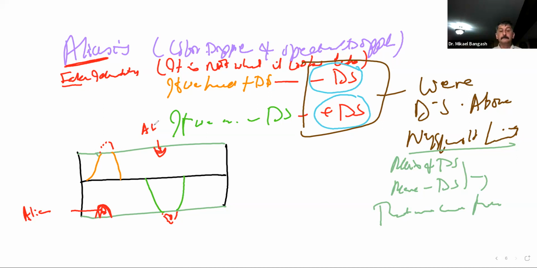Is there anything else? So mainly, what is the aliasing going to represent? High velocities.